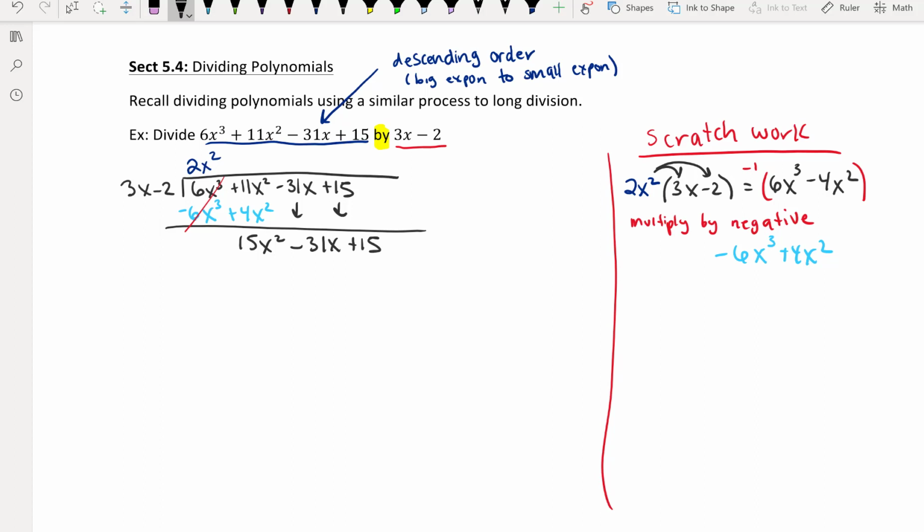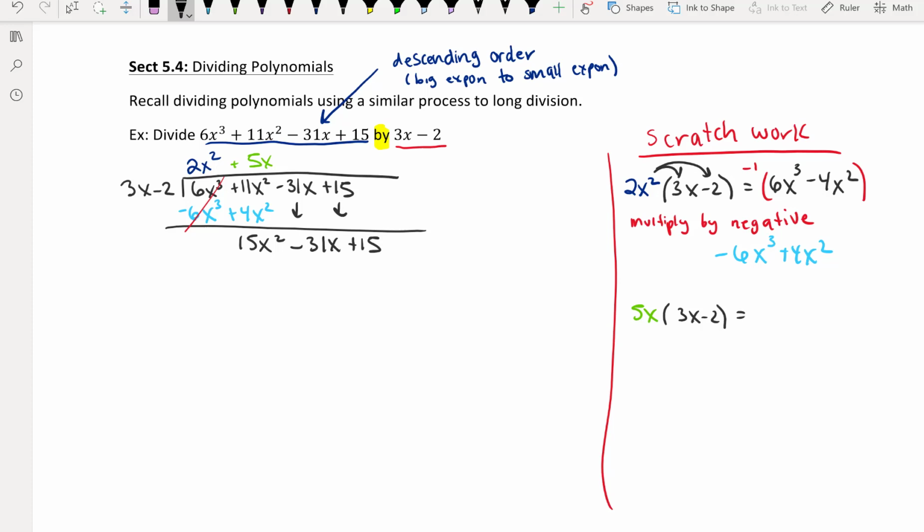Now for the next step, I'm going to look at my 3x, and I'm also going to be looking at this 15x squared. So 3 goes into 15 5 times. And I need one more x to get to an x squared. Okay, so now I'm going to take that and put it over to the side. So I have my 5x, and now that's being multiplied by my 3x minus 2.